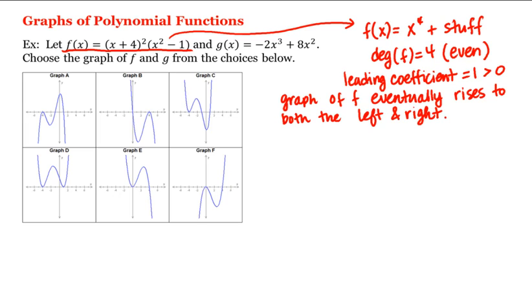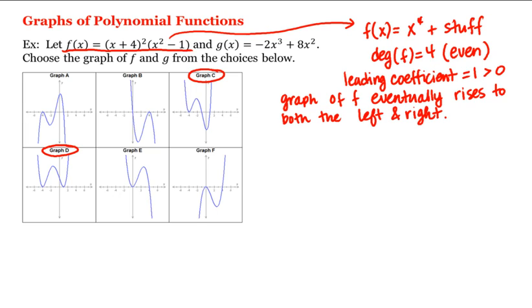Which means, looking here at our choices, the only options would be graphs C or D. But which one is the graph of f? Well, that's where the zeros come in.